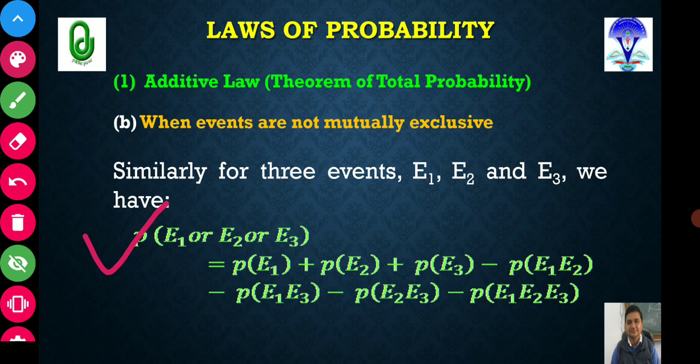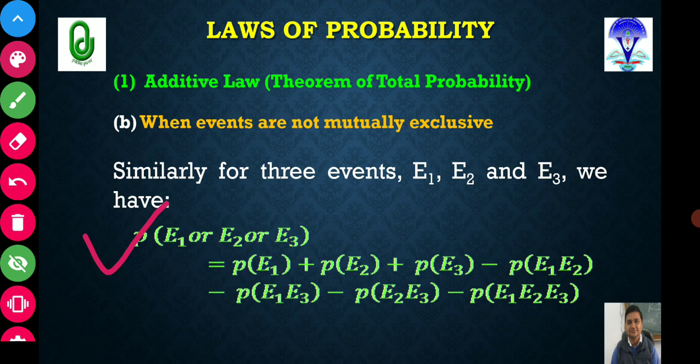Now it will be subtracted with the joint probability or simultaneous occurrence of event 1 with event 2, event 1 with event 3, then event 2 with event 3, and then all 3 events together, that is event 1, 2 and 3.